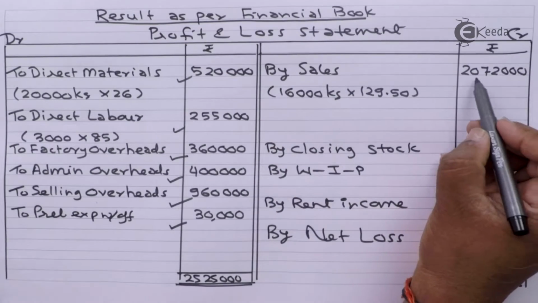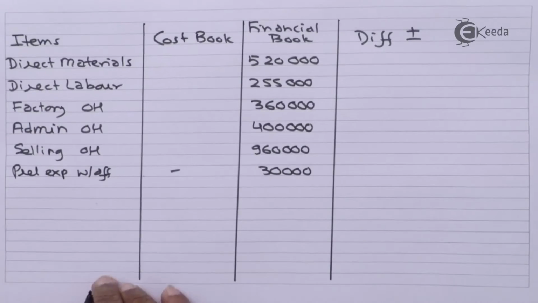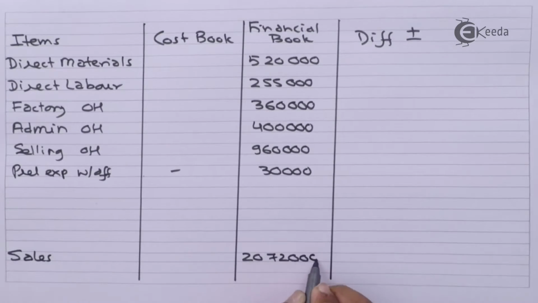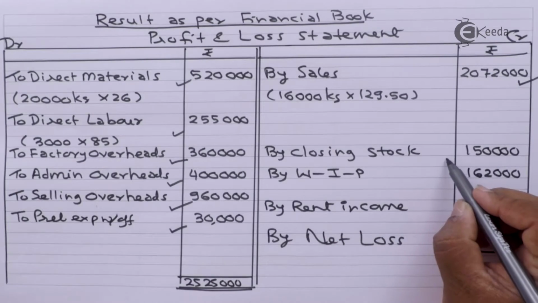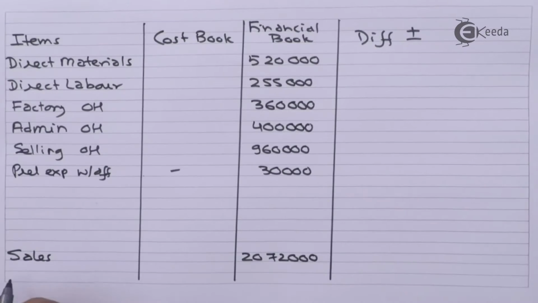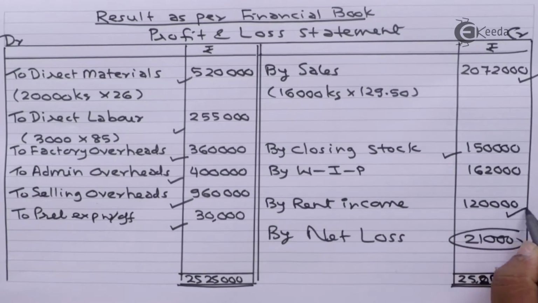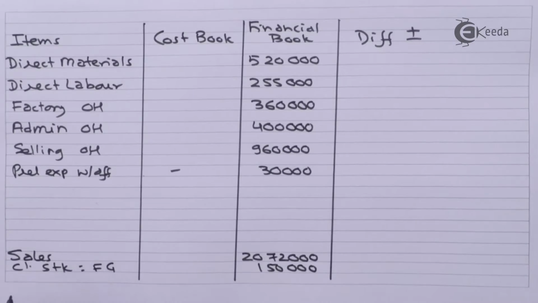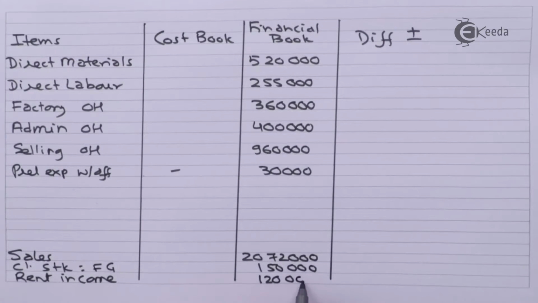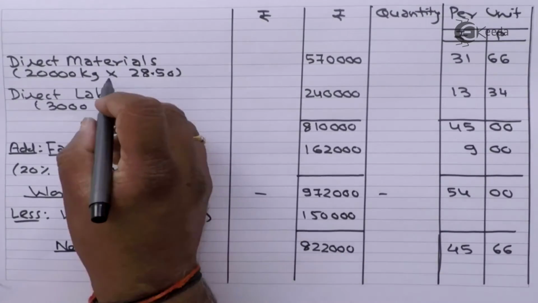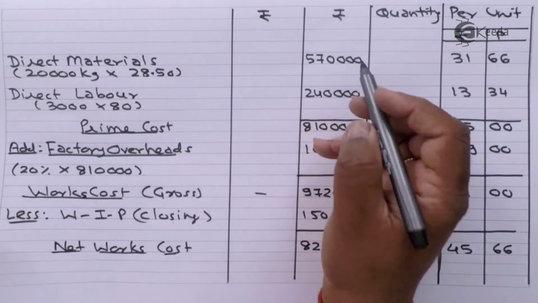Sales 20,72,000. Closing stock 1,50,000. Rent income 1,20,000. As per cost book, direct materials 5,70,000.